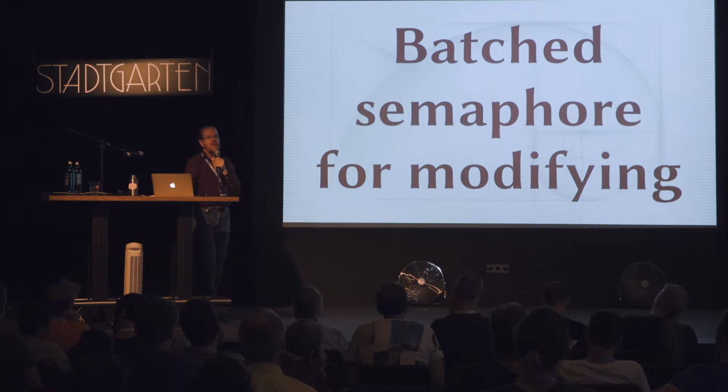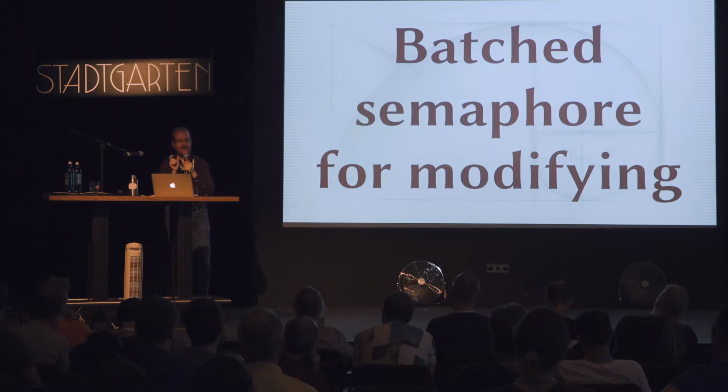For modifying the dictionary, I do use a semaphore, but I use it on batches. The updates come in batches. I acquire a semaphore once, do a whole bunch of updates, release the semaphore. So I only incur this overhead one time.